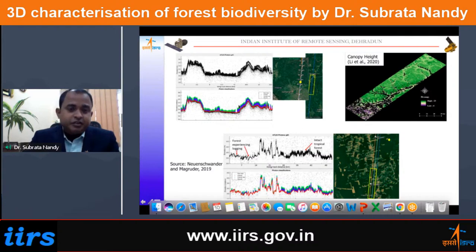So using this kind of data sets, people have studied different habitats. Like here you can see forest experiencing logging, then intact tropical forest, and a canopy height map has also been developed.